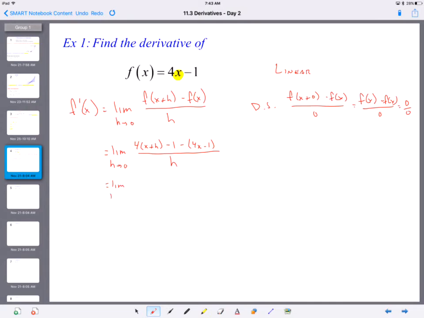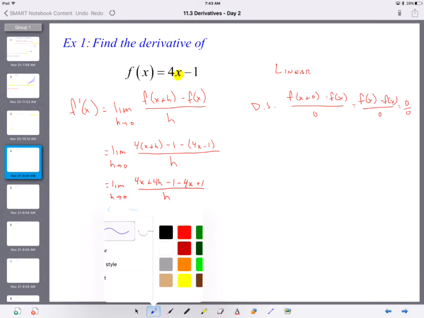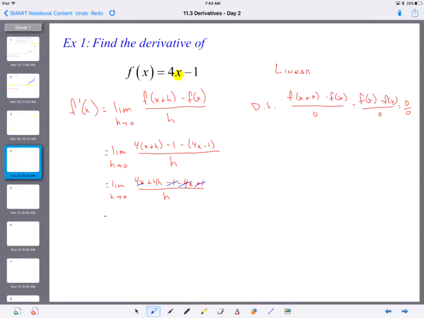And now we continue to simplify. Continue to write the limit as h approaches 0, because we haven't answered that question yet. So we distribute: 4x plus 4h minus 1 minus 4x plus 1, all over h. Now, when we did this before, the same thing's going to happen: we're looking for something to cancel. We notice that the 4x cancels. We notice that the negative 1 and positive 1 cancel.